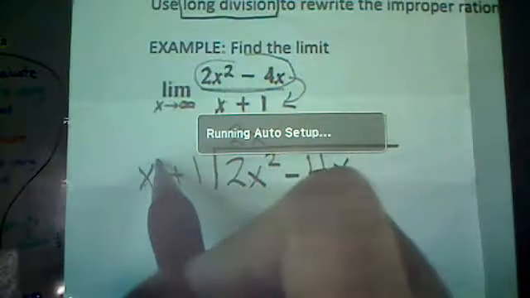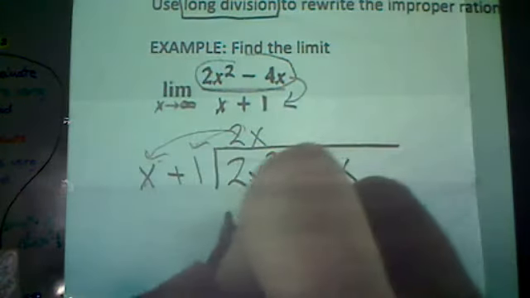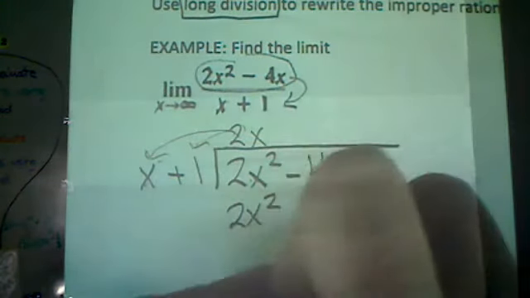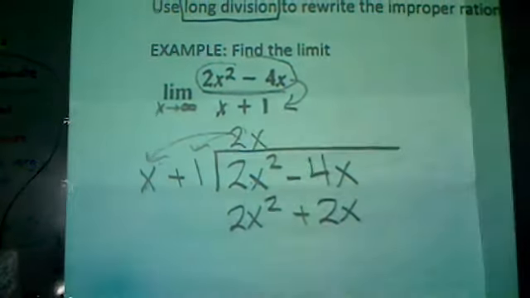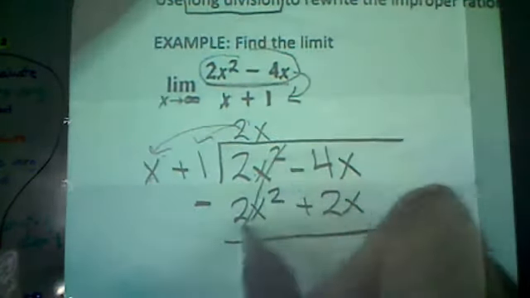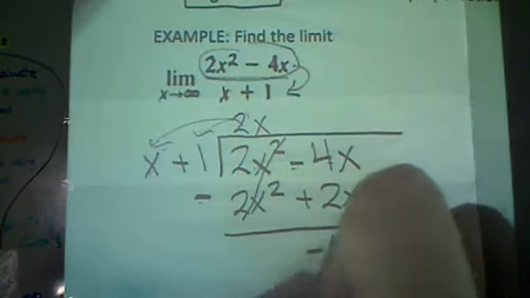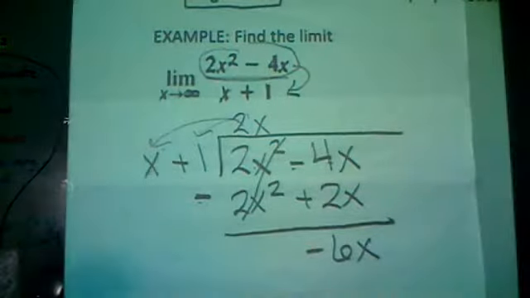So if I multiply this out, remember to distribute to both of them, I get 2x squared plus 2x. You're going to be subtracting these. These will cancel. And negative 4 minus 2 is negative 6x.